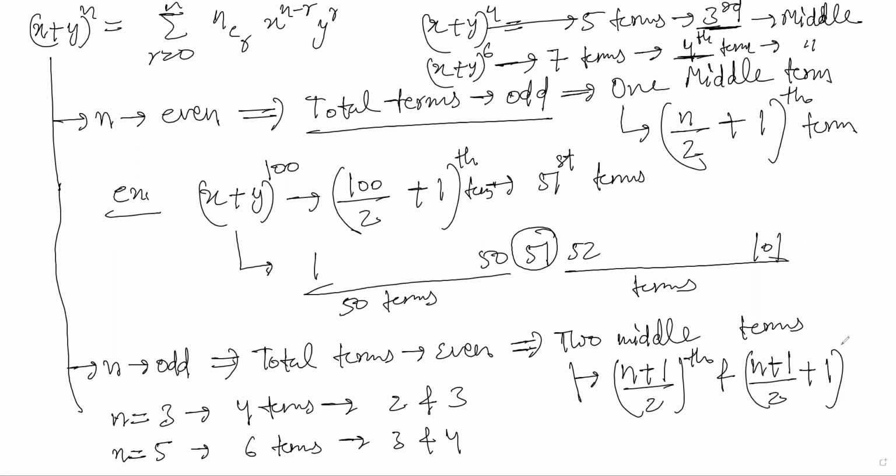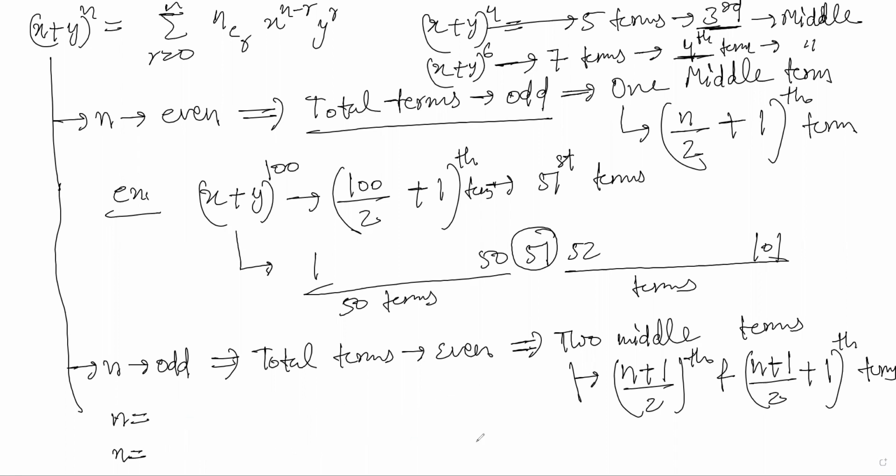So for example, if I take n as 99, total terms will be 100. If you ask me what the middle terms are, I would directly divide by 2, that is the 50th term, and the term next to it, the 51st term. These are the middle terms.